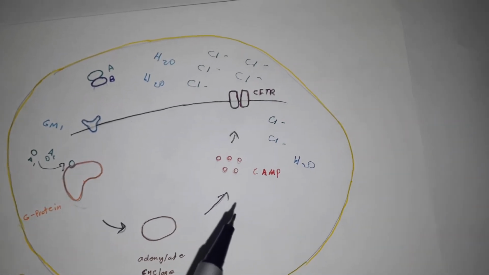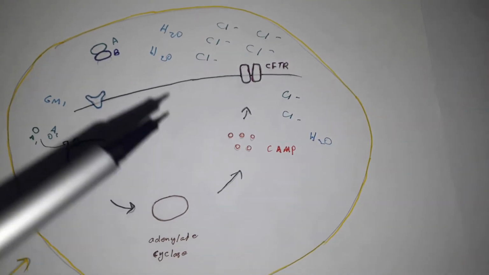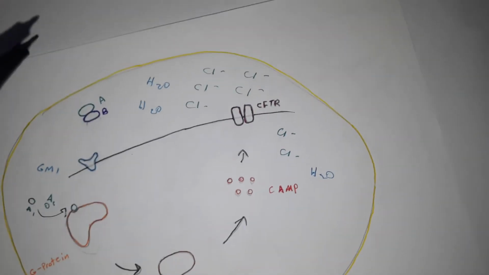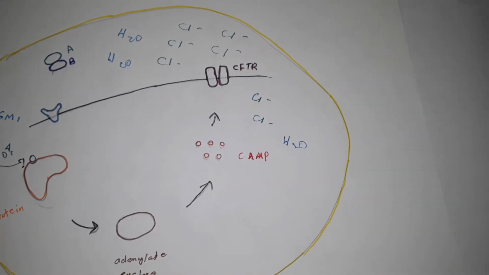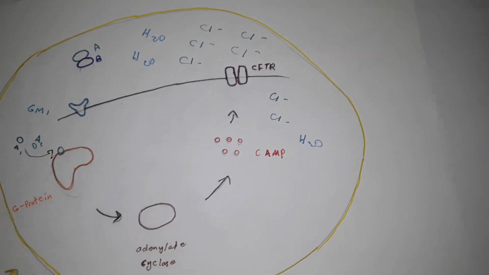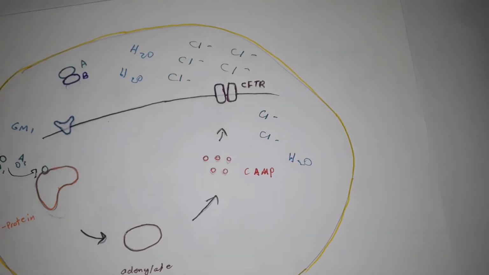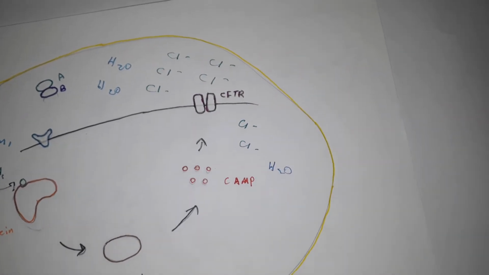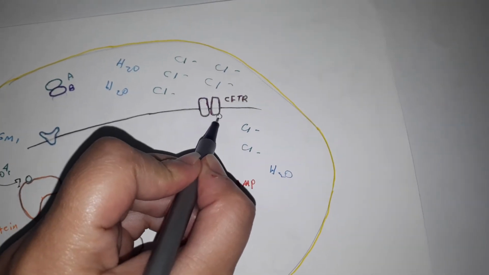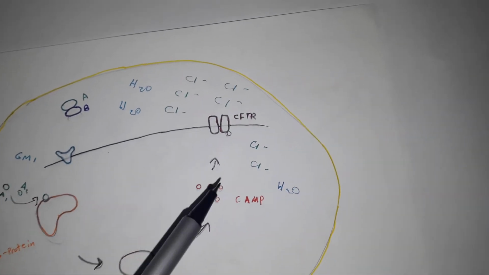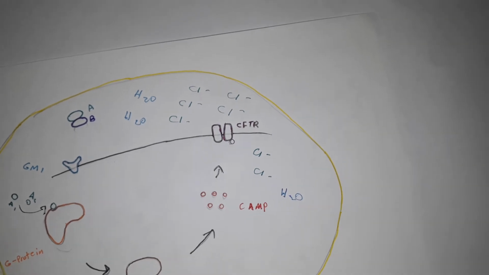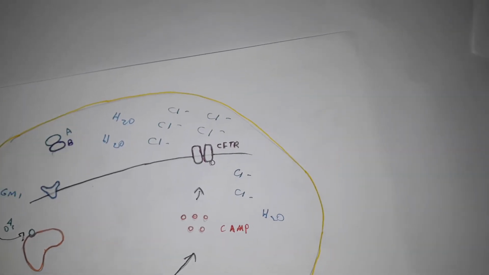When more cyclic AMP is produced, it opens the CFTR, which is the cystic fibrosis transmembrane conductance regulator, and this works like an ion channel. So when cyclic AMP binds to it, it will open, and the chloride ions that are inside the cell will go outside of the cell.